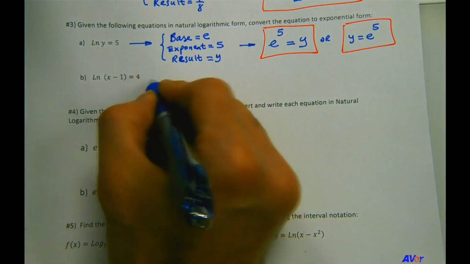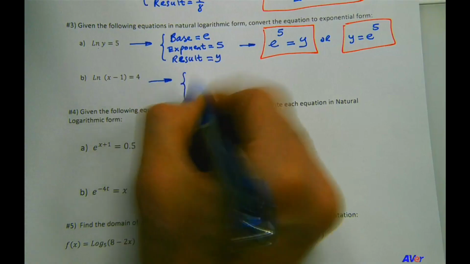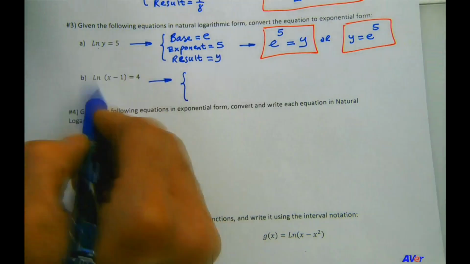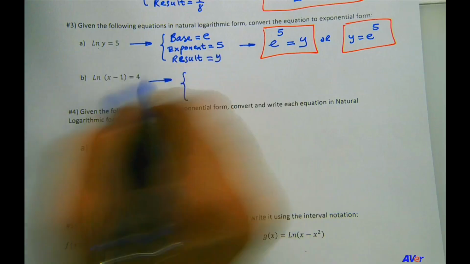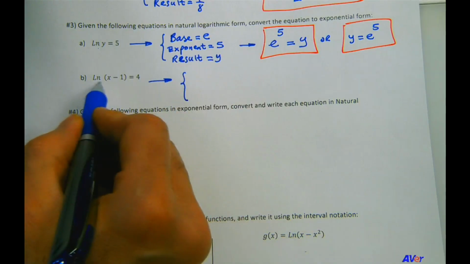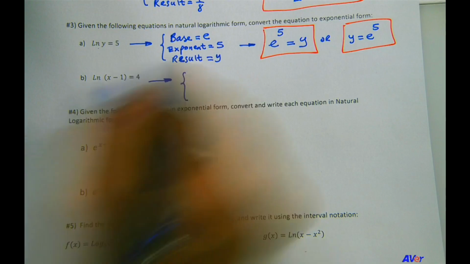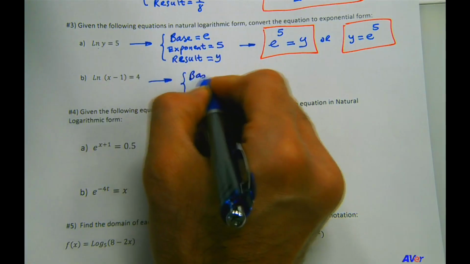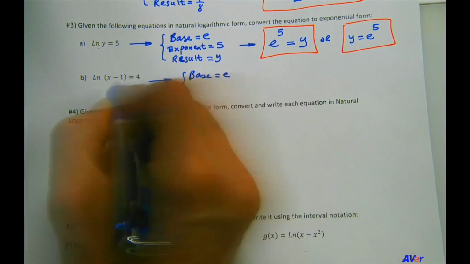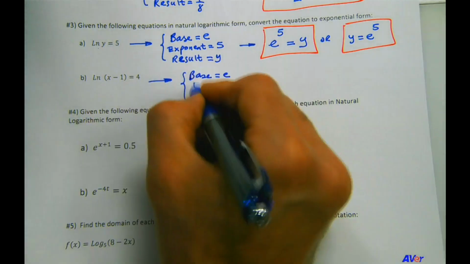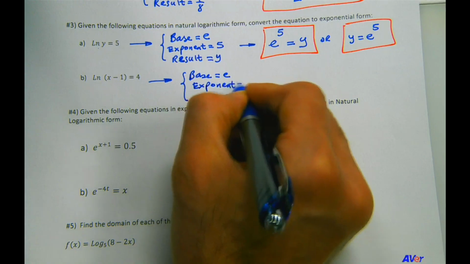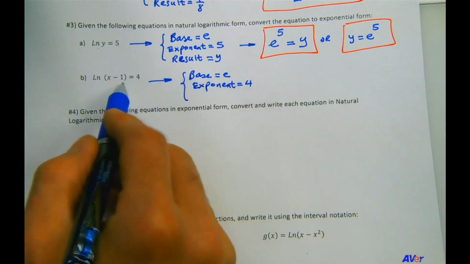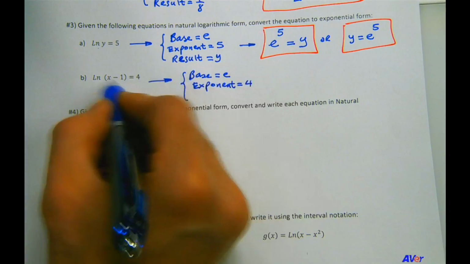So this one, once again, we know that natural log or log functions generate exponents. So to what base? In this case, the base of the natural log is e. The exponent is 4. And the result is all of that.